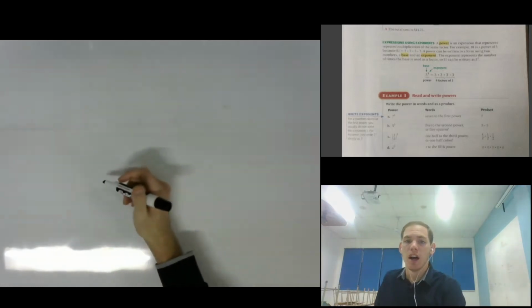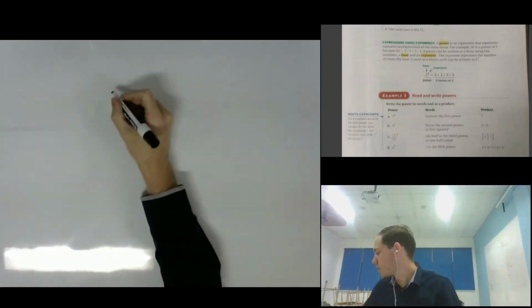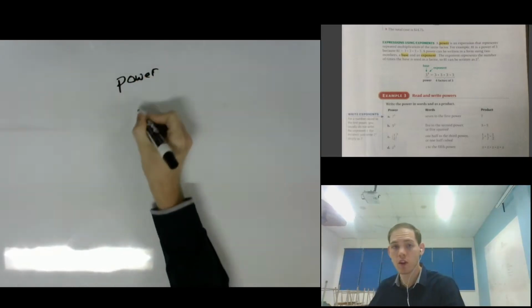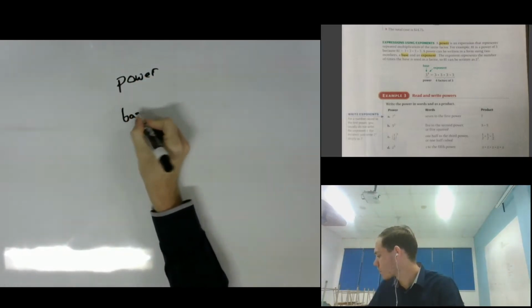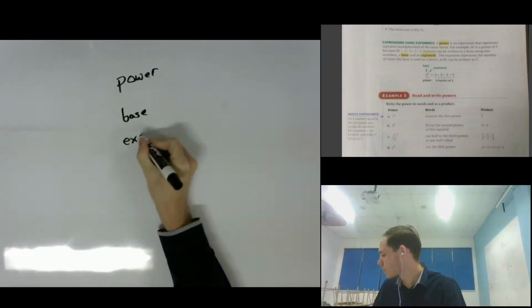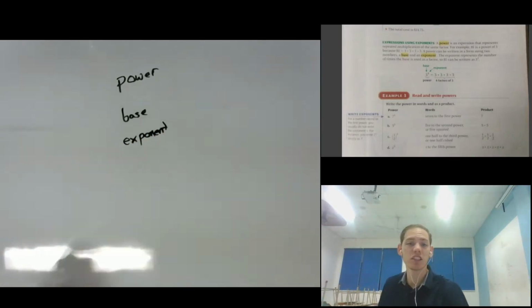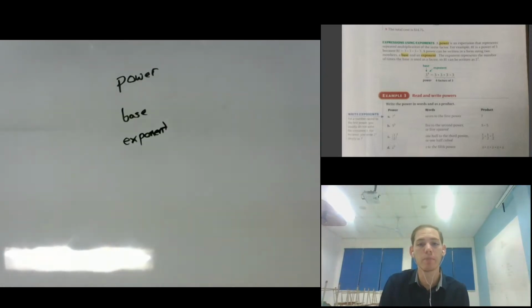So, expressions using exponents. We're going to talk about the basics of exponents. We have a few vocab words: power, base, and exponent. A power is an expression that represents repeated multiplication.